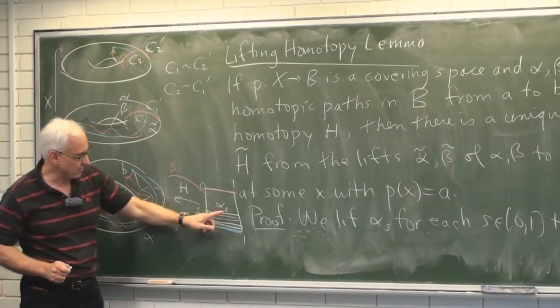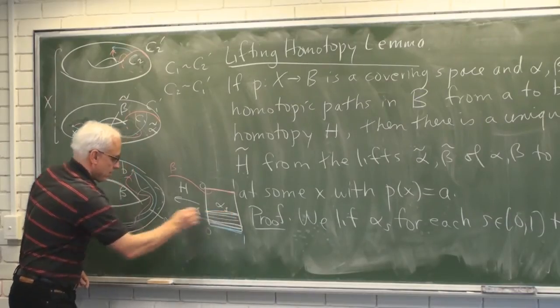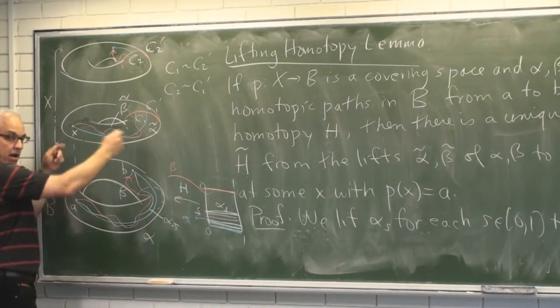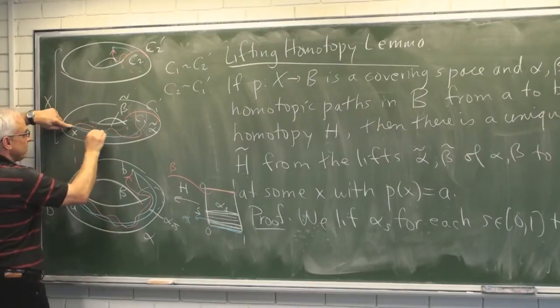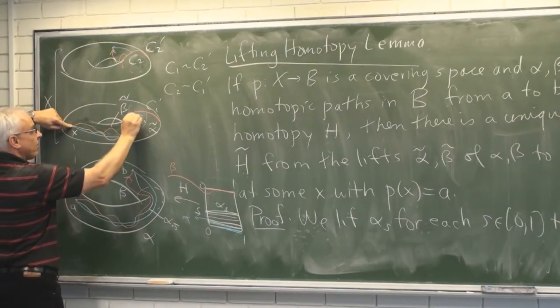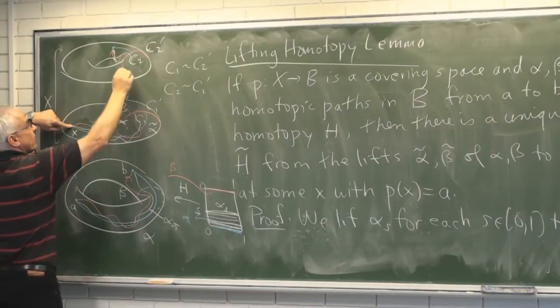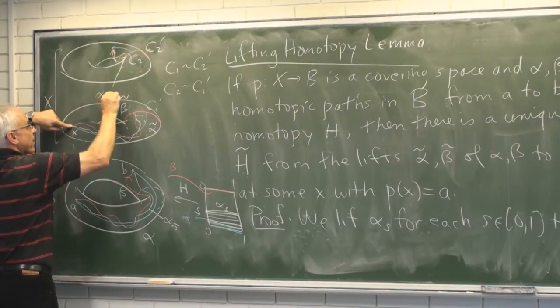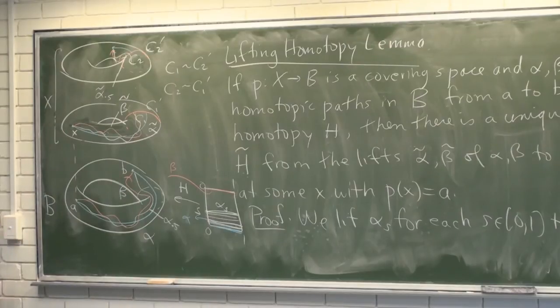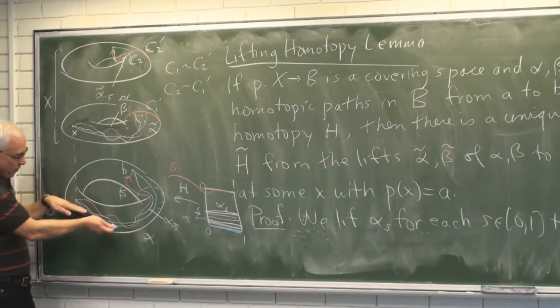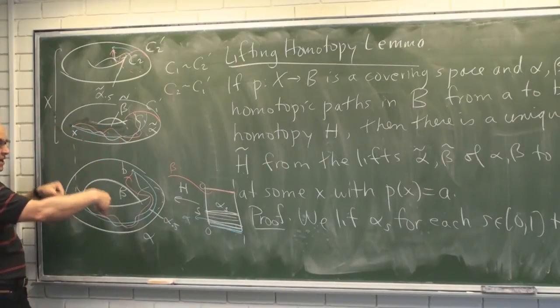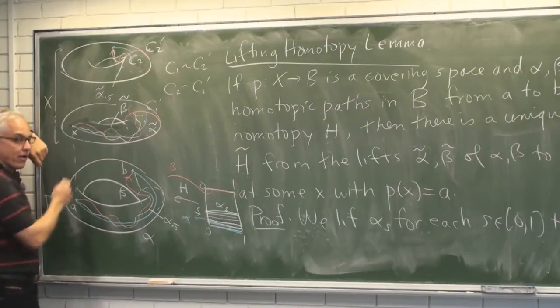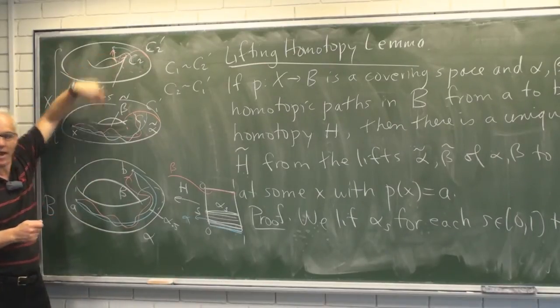For example, take alpha sub 0.5, the one that I drew here. We lift that one up and we get a path also from x. It'll be some other path, whatever it was. In white, that would be alpha 0.5 tilde. So if we watch the movie of the alpha sub s's as they go from alpha to beta down here, then the lifts will be a continuous movie of paths up here that go between alpha tilde and beta tilde.